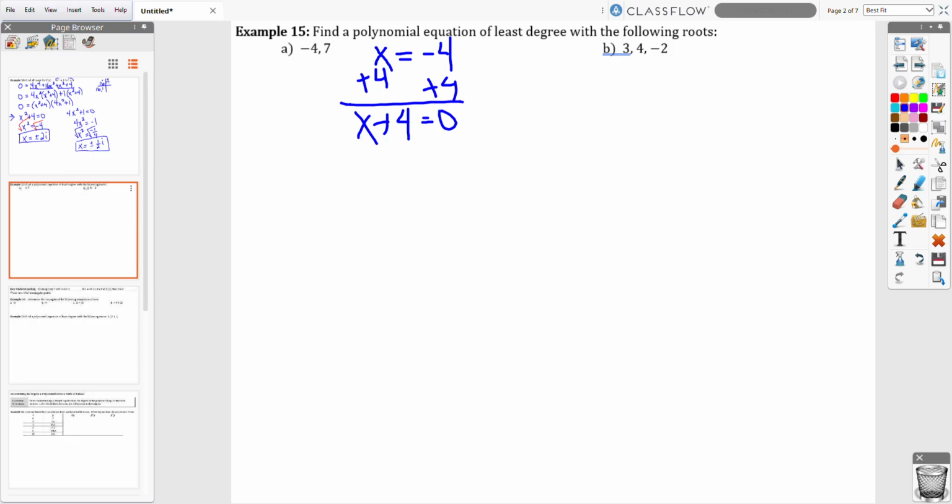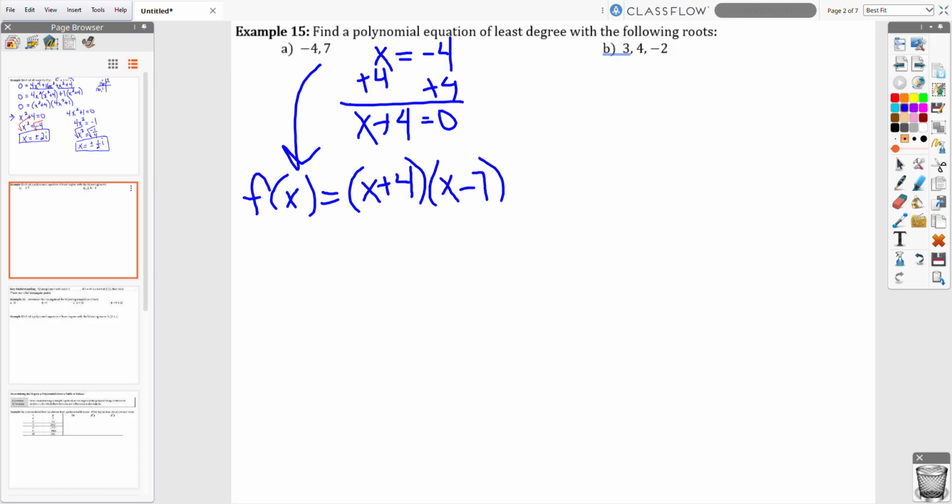Okay, so what we're going to do to write our equation is we're going to just remember that it's the opposite. So we're going to have x plus 4, and then when positive 7 is an answer, that factor starts as x minus 7, because if you set x minus 7 equal to 0 and solve for x, you would add the 7 to both sides, so that's why you get a positive 7 as an answer.